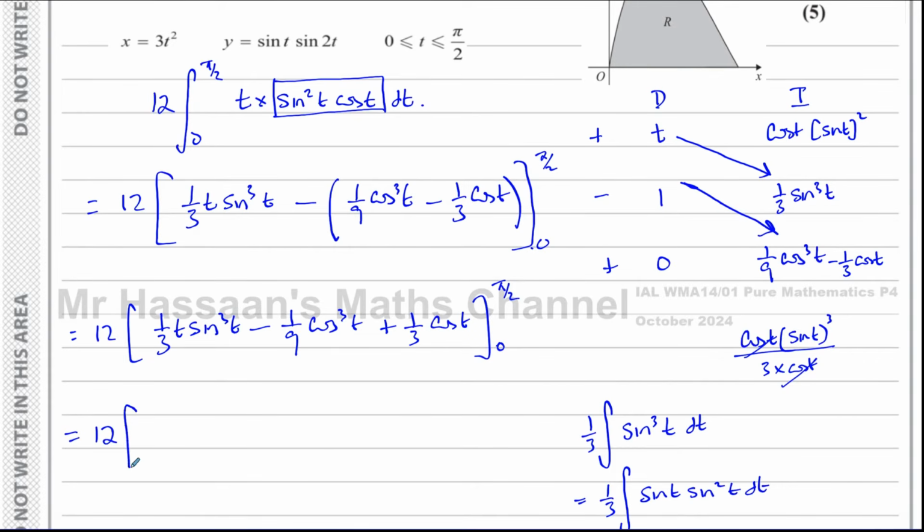We have 12 times a third times pi over 2 times the sine of pi over 2, and I'll write this cubed, because that's what this means, minus 1 over 9 times cosine of pi over 2 cubed plus 1 over 3 times cosine of pi over 2.